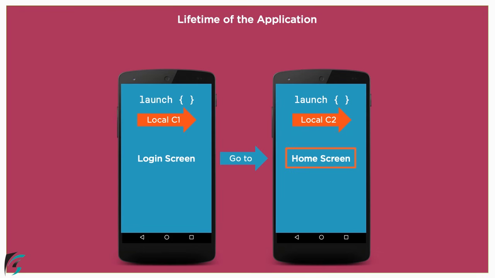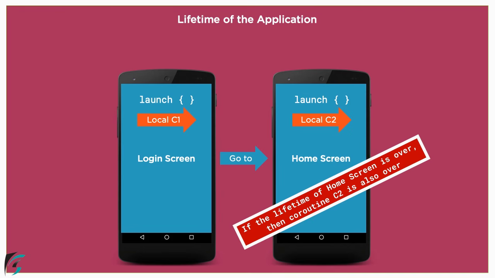So when the scope of the home screen is destroyed, then the child coroutine such as C2 is also destroyed. In short, the lifespan of this coroutine exists within the lifespan of its local scope. Fine, so please note this. Similarly, when the scope of this login screen gets destroyed, then ultimately this coroutine C1 will also get destroyed.